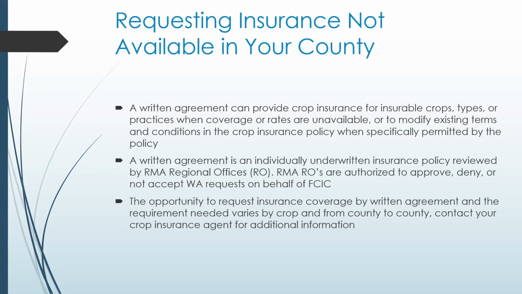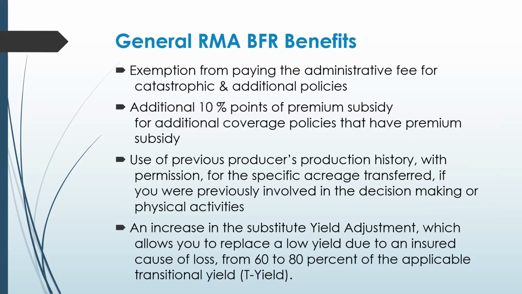This is just information. At the end of my presentation, I'm going to put some fact sheets into the chat so you have something else to look at regarding both written agreements and some of our other more popular programs. Next slide.